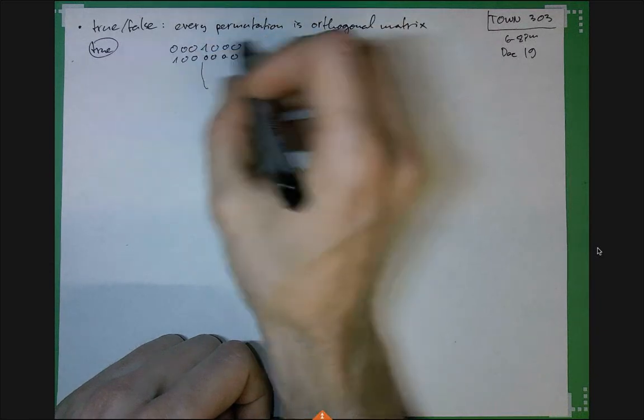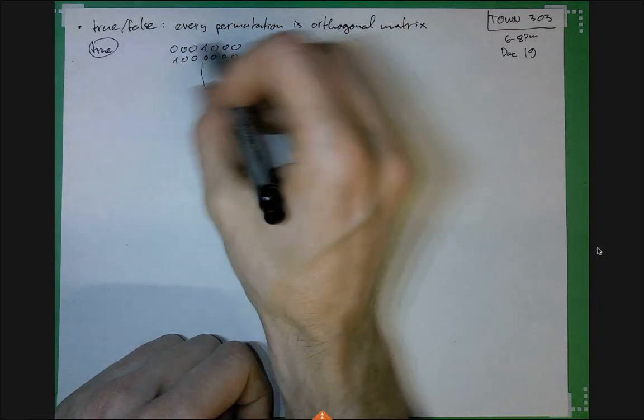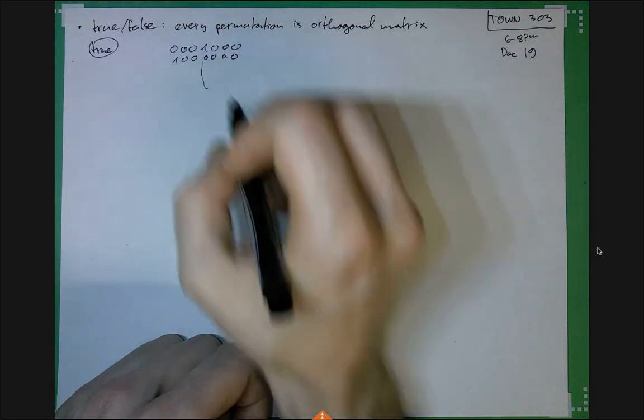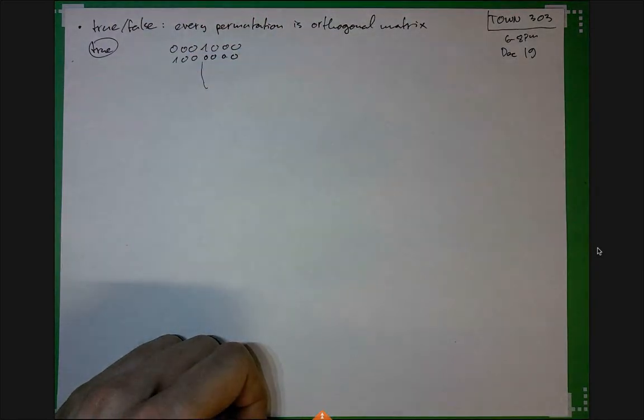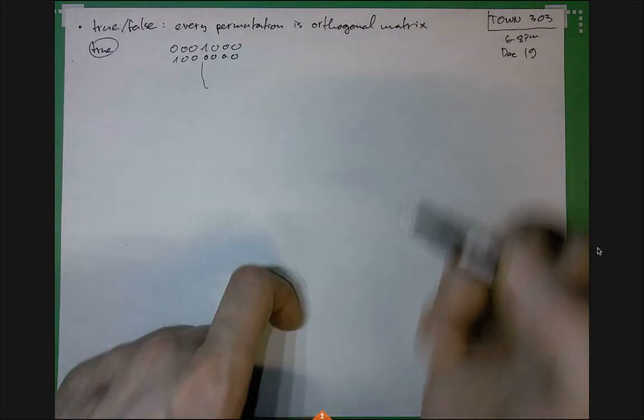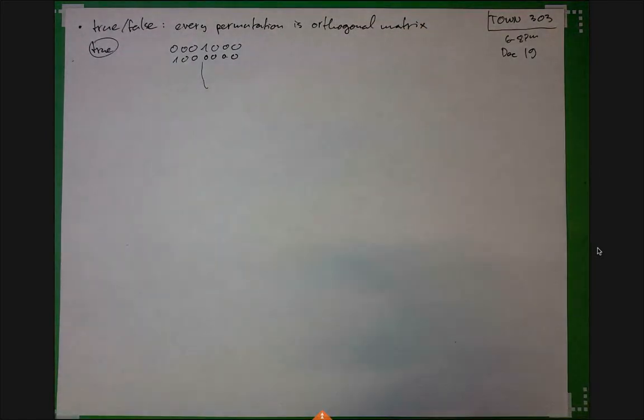When you do the multiplication, this will just be all zeros. And the length of every row, and equivalently every column, is 1. So you could even say orthonormal matrix. Some people just say orthogonal and they already mean orthonormal.